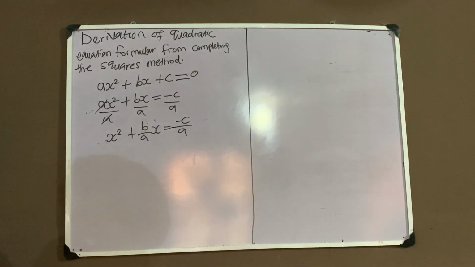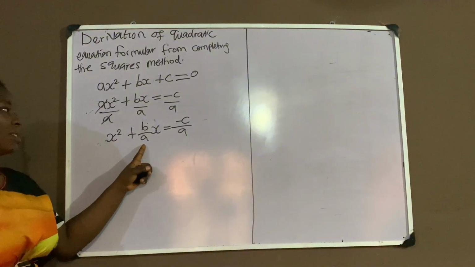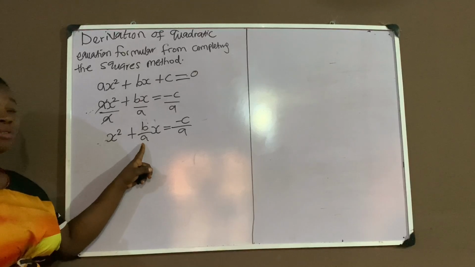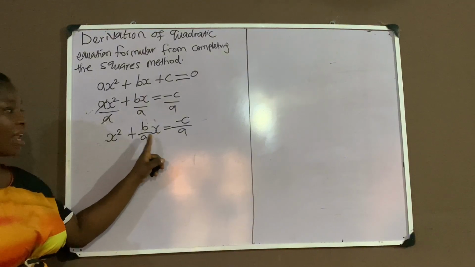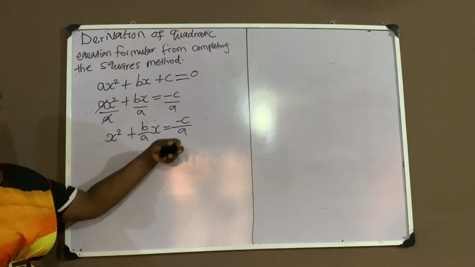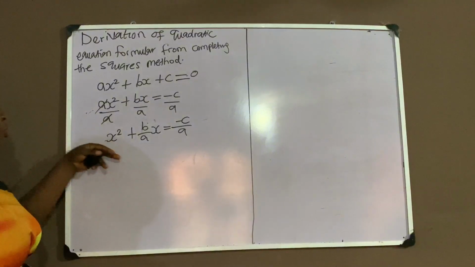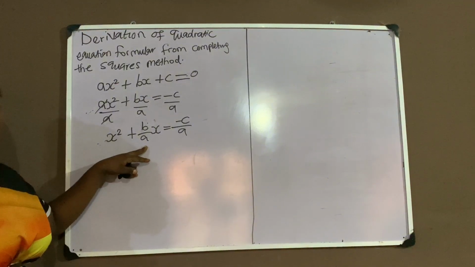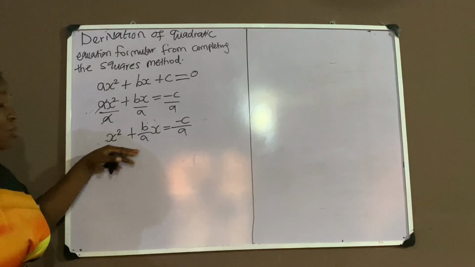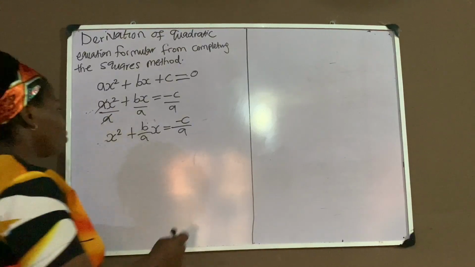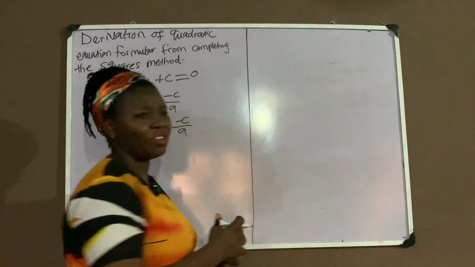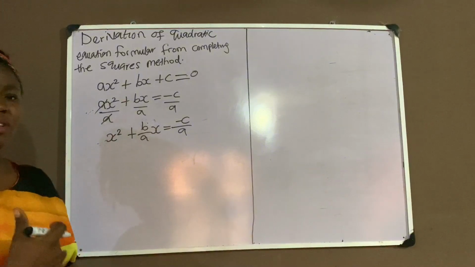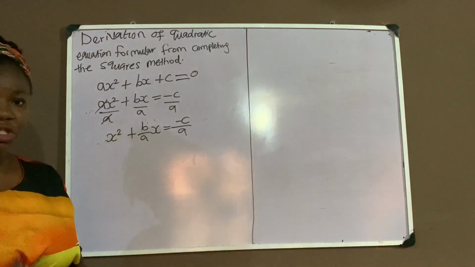Then the next thing you do is take the half of the coefficient of x, add it to both sides, and at the same time square it. Half of any number is dividing by 2.